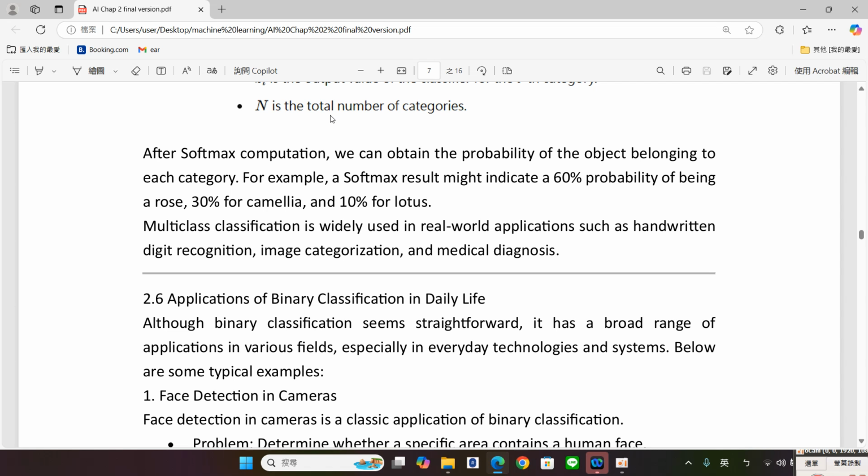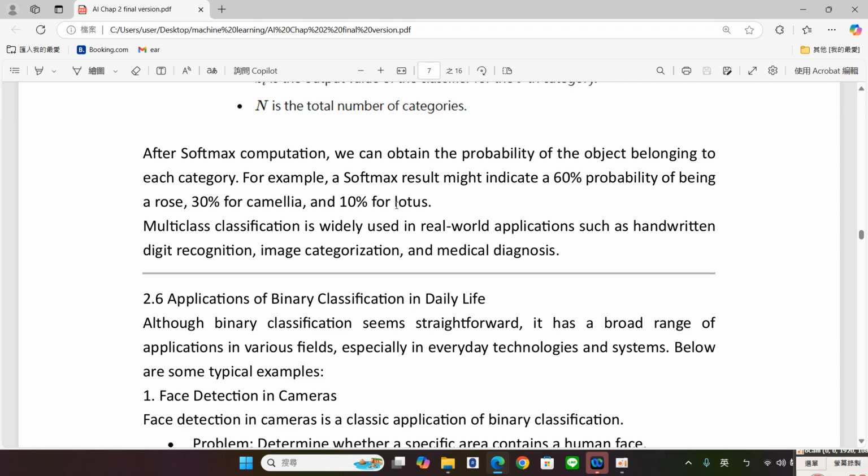For example, a Softmax result might indicate a 60% probability of being a rose, 30% for camellia, and 10% for lotus. Multi-class classification is widely used in real-world applications such as handwritten digit recognition, image categorization, and medical diagnosis.